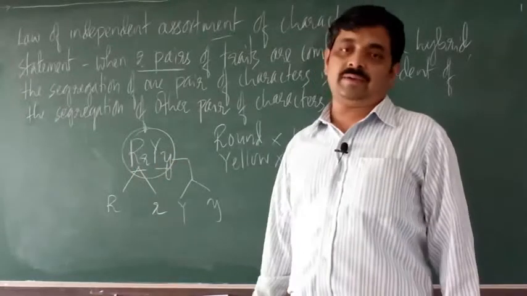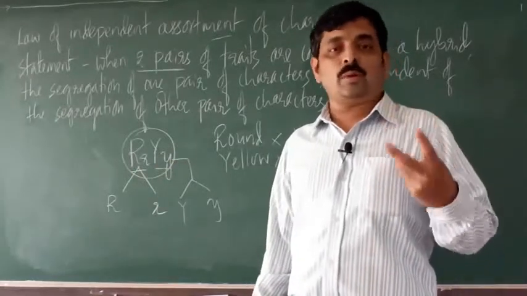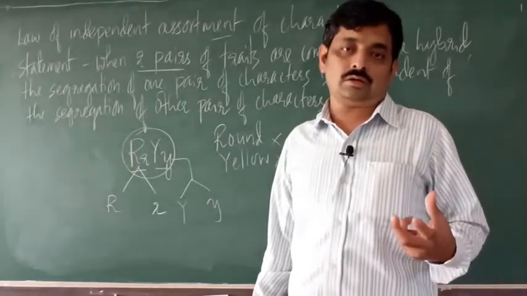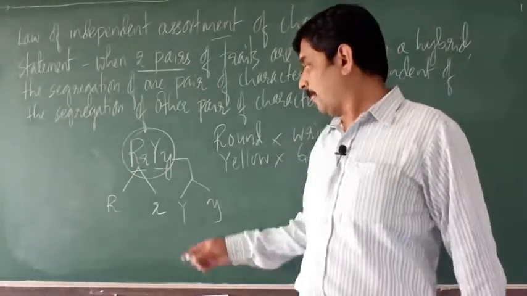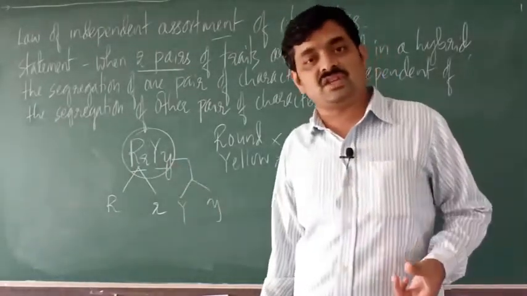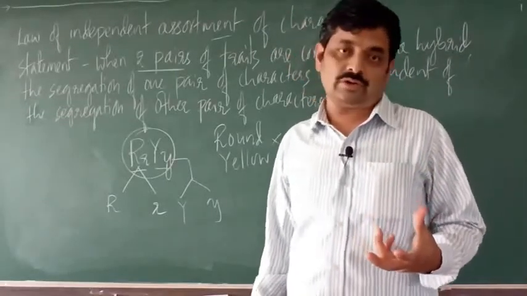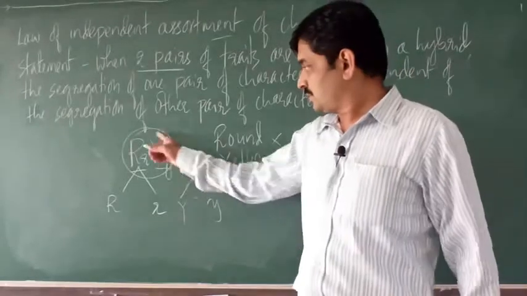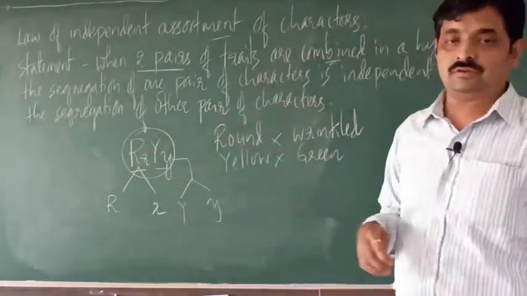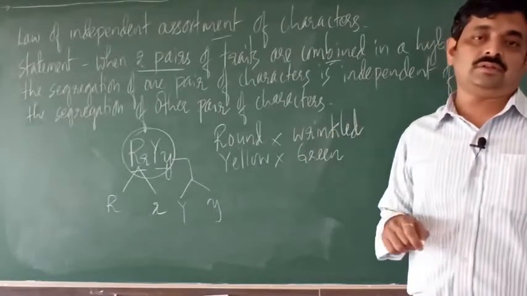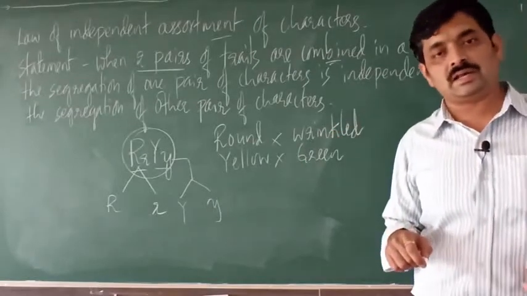Whereas capital Y is the dominant gene that controls the yellow color of seeds or cotyledons. Small y is the recessive gene that controls the green color of cotyledons or seeds. So that is about the law of independent assortment of characters, which was discovered by Mendel.